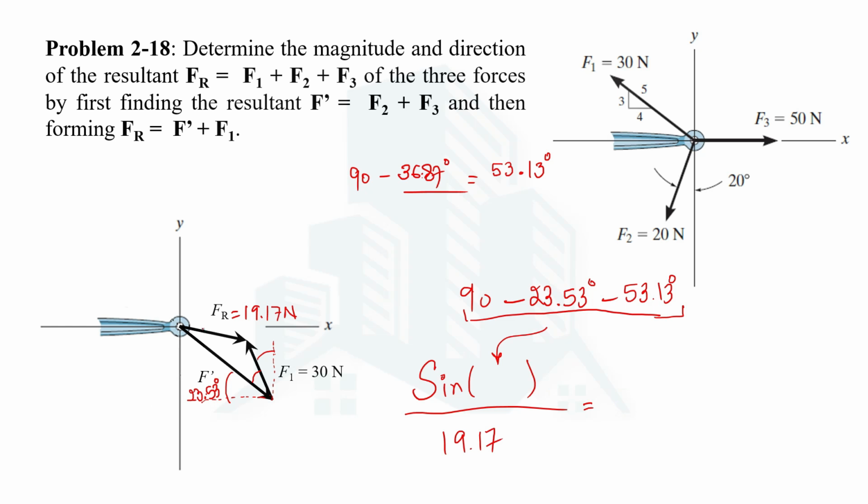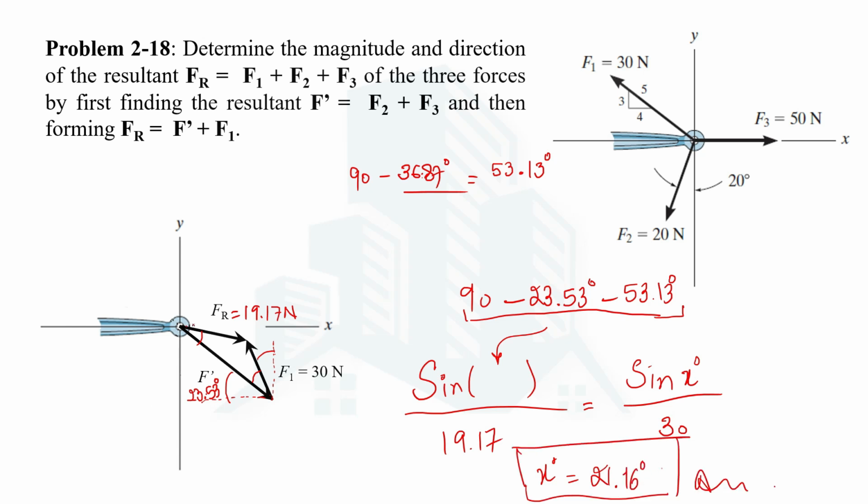Now we are interested in this angle because this is the angle which will help us in determining the direction of F4. So sine of let's say x degree, the opposite side is F1, which is 30. So from here we can have the x degree, which if you calculate, you are going to get as 21.16 degrees.